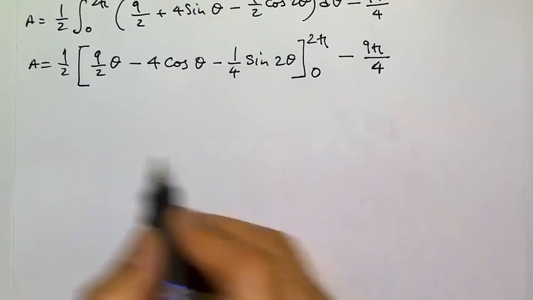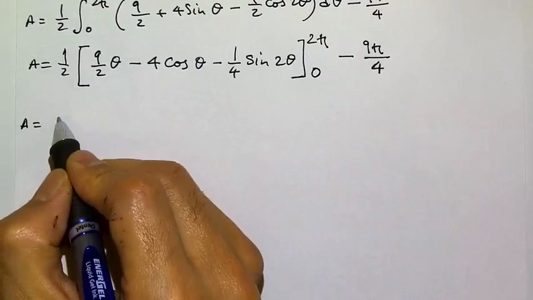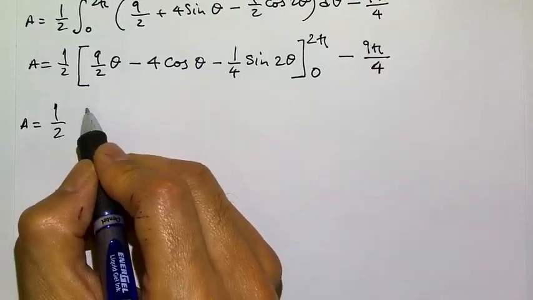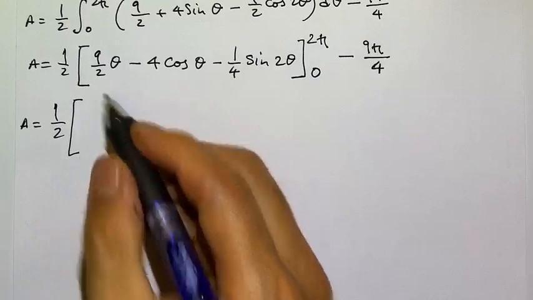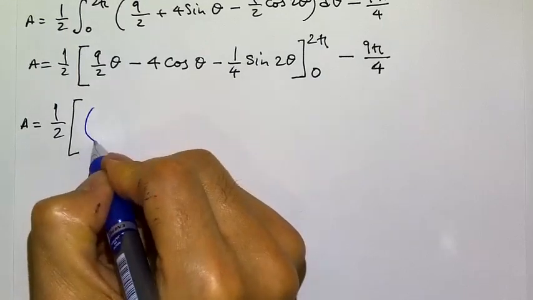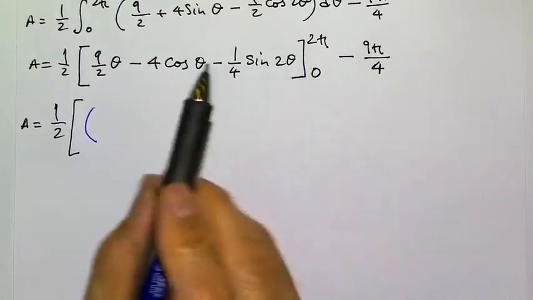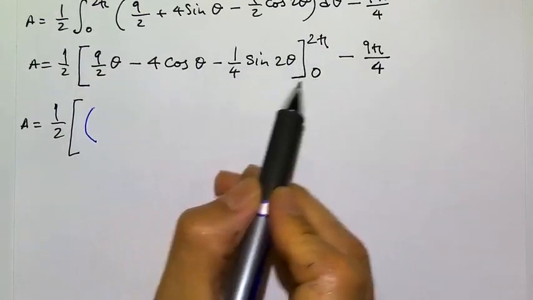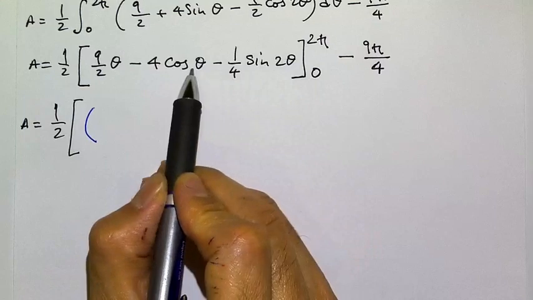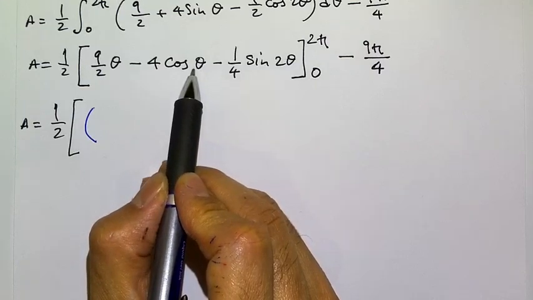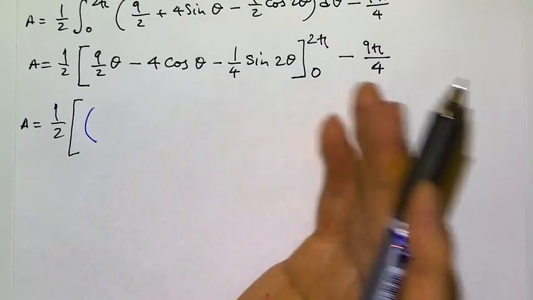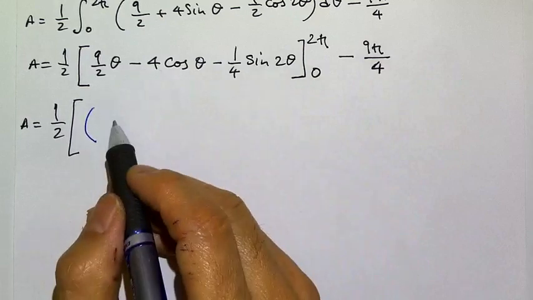Okay. All right, so we have the area equals 1/2 of, and let me substitute for theta with 2 pi. I got to be careful because we have a cosine here. Cosine of 0 is non-zero. It's equal to 1 times -4. We're going to get -4. So I got to be careful there.